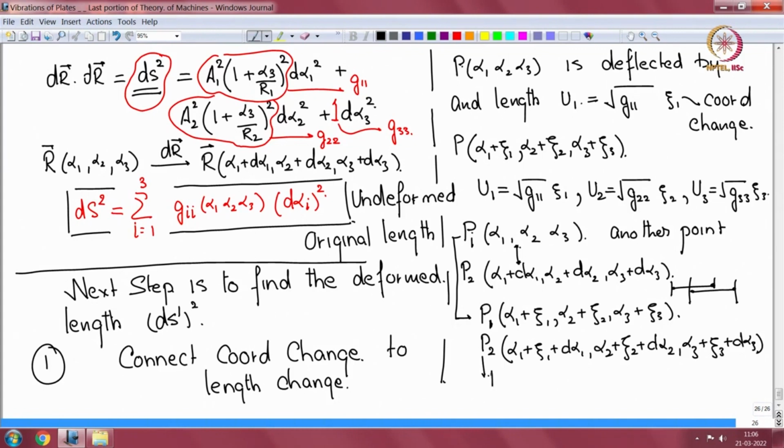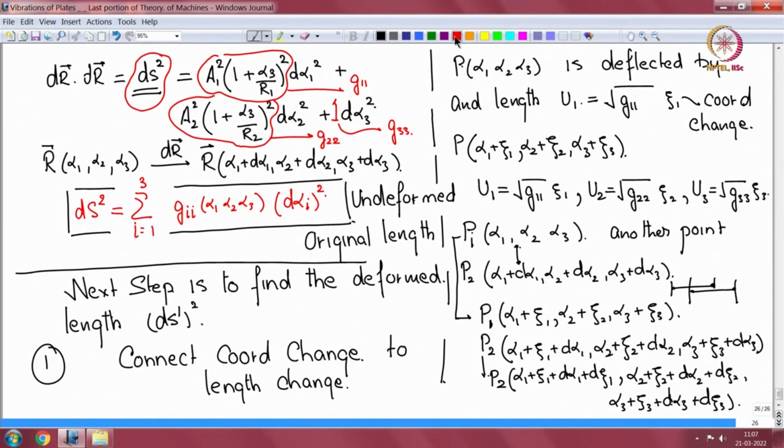So P2 now becomes alpha 1 plus xi 1 plus d alpha 1 plus d xi 1, then alpha 2 plus xi 2 plus d alpha 2 plus d xi 2, and alpha 3 plus xi 3 plus d alpha 3 plus d xi 3. Okay. So those are the new coordinates.